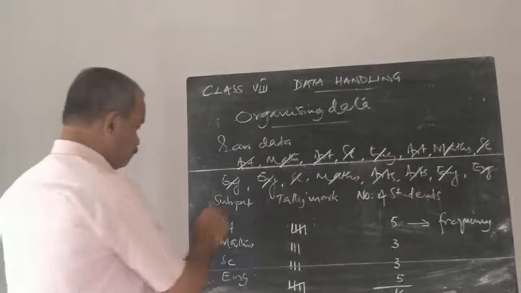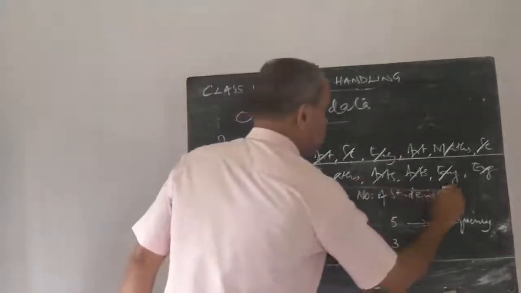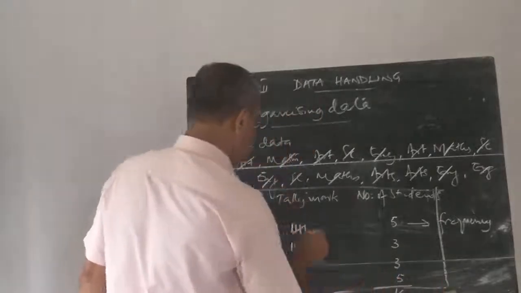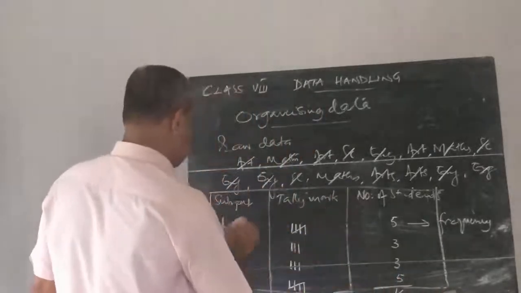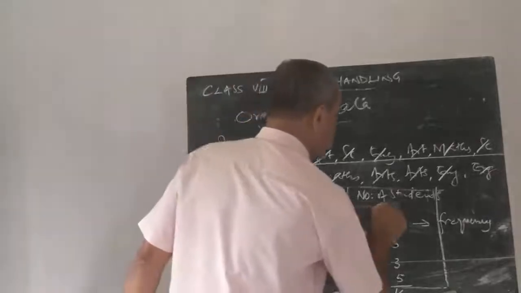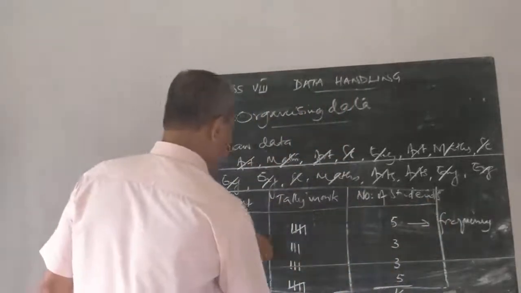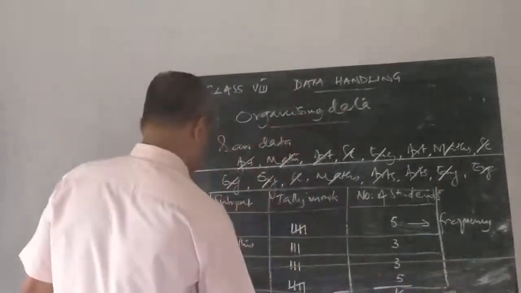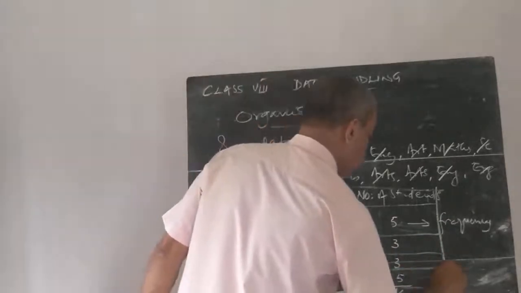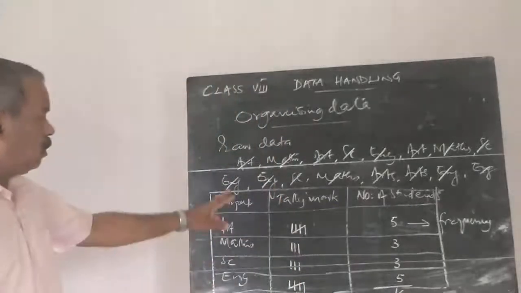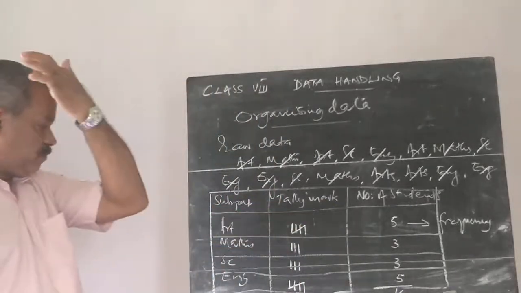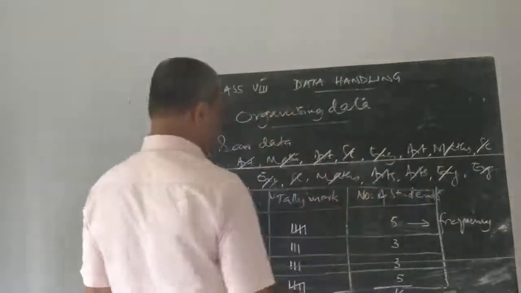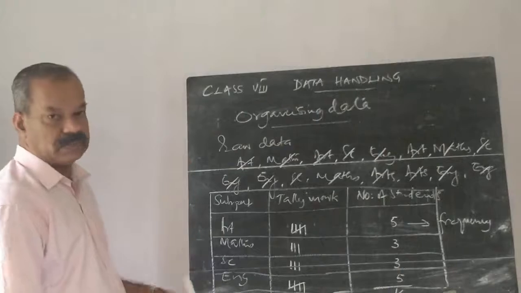So we can tabulate this. This is called a grouped frequency table. This is the grouped data now. We can simply write like this: subject and, without marking tally, number of students.